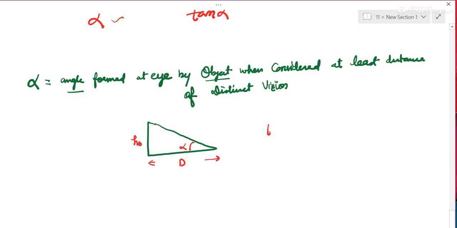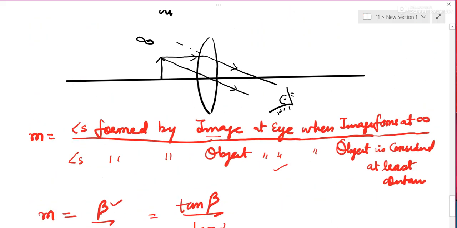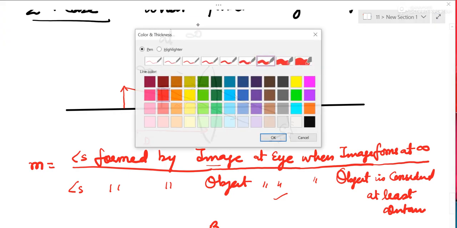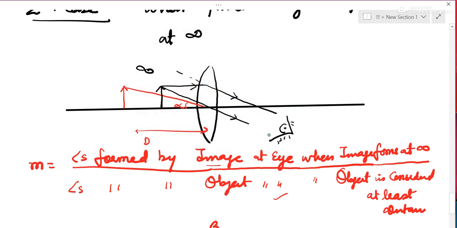So tangent alpha is ready with me as H0 by D. A separate diagram is okay. If you wish to show in the same one, you can show. Label this as D. You draw a line equal to that of the object. So this is your alpha.